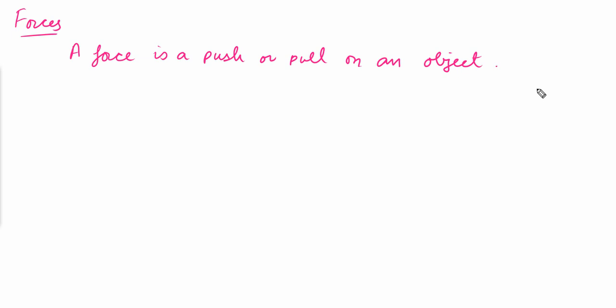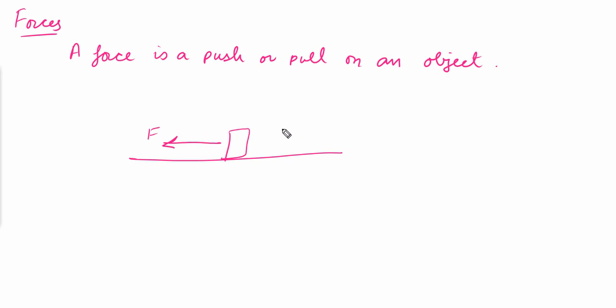If we have an object over here, we can apply a force on this object. So this is the push of the force. Or if we have an object and we pull this object towards us, then this will be considered the pull of the force.